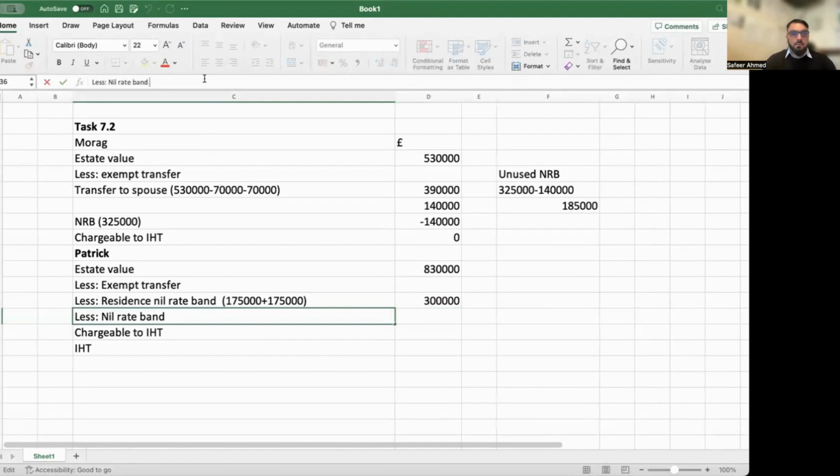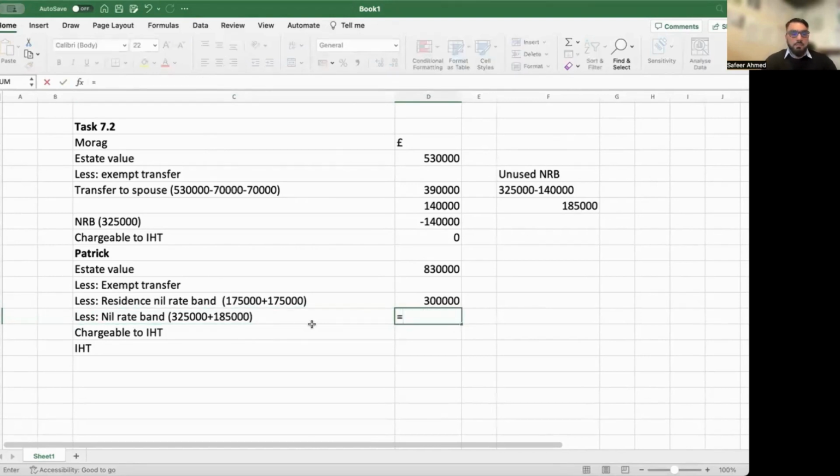Now you've got to be careful here, because remember, Patrick will have his own nil rate band, and in addition to that, any unused nil rate band from his deceased partner, which is 185,000. We already established that there, as you can see. So in total, the nil rate band is 325,000 plus 185,000. Any remaining amount will be chargeable to inheritance tax, which is the difference between these: this minus this minus this, which is 20,000.